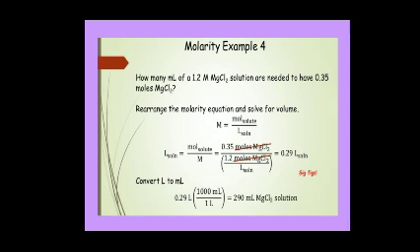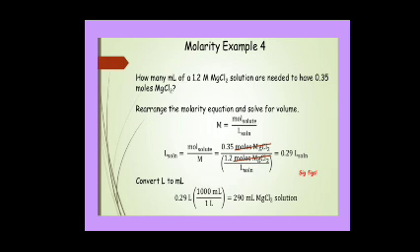How many milliliters of a 1.2 M magnesium chloride solution are needed to have 0.35 moles of magnesium chloride? So molarity 1.2 M, number of moles 0.35 moles. Calculate the milliliters of solution.